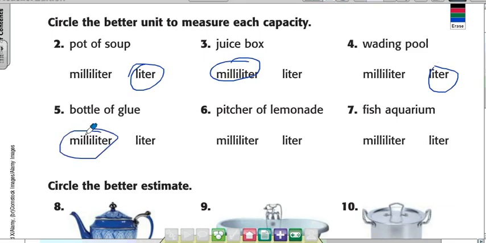A pitcher of lemonade. Yeah, liter. Those pitchers of lemonade are big. How about a fish aquarium? You would take a lot of water to fill that. It's an aquarium, not a little bowl like the bowl that I have over there, that would be milliliters. But an aquarium, one of the bigger ones, that would be liters.